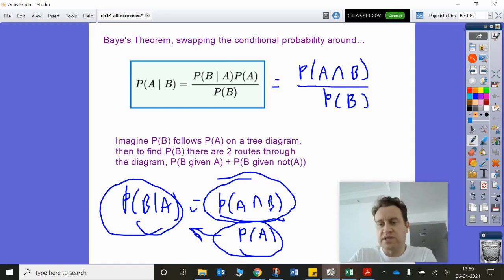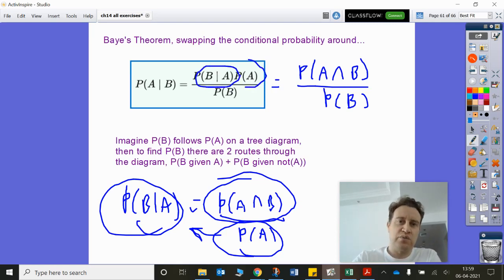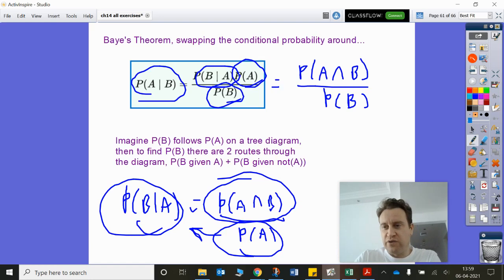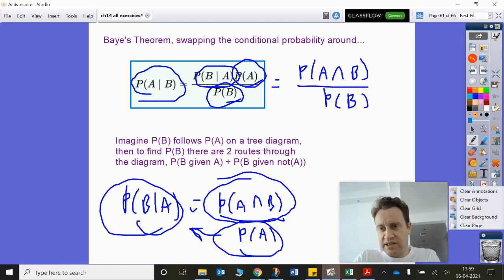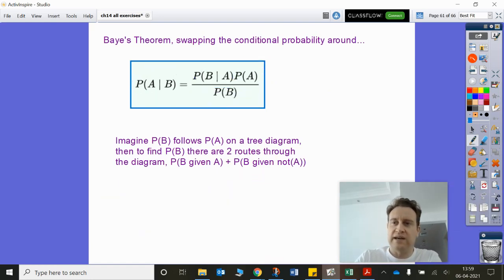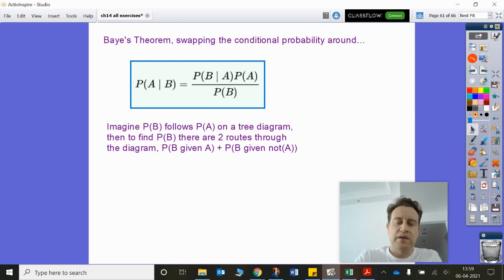Sometimes that's the probability that you want to know. So if you know the probability of B given A, the probability of A and the probability of B, you can find out the probability of A given B by using this formula.